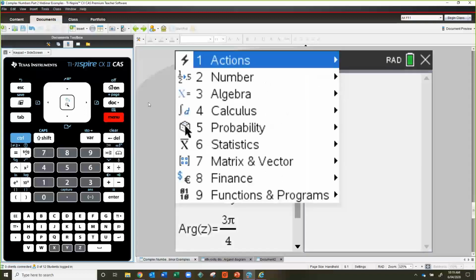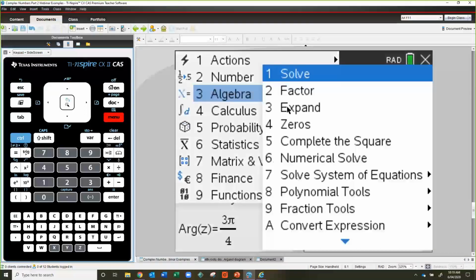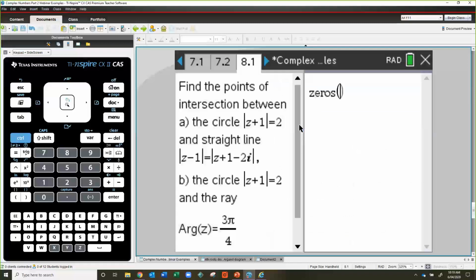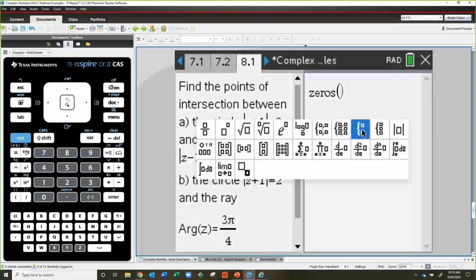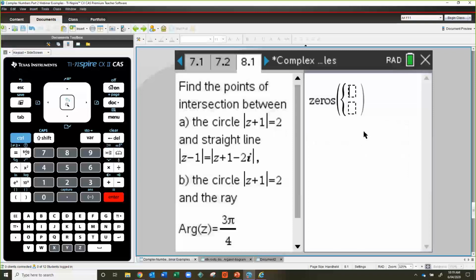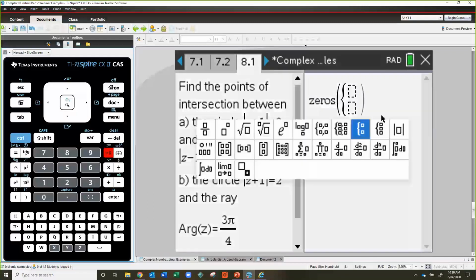If we go to menu, algebra, you can see we have zeros. So I will use zeros, but I have two different equations. Therefore, if you press the template, you need to use this option here that allows us to enter both equations.